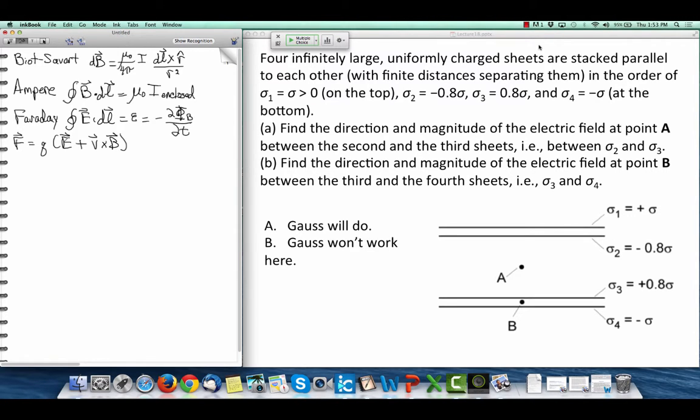But what I wanted to point out was there are 3 important symmetries that are useful for Gauss's law, and we've talked about all of them.